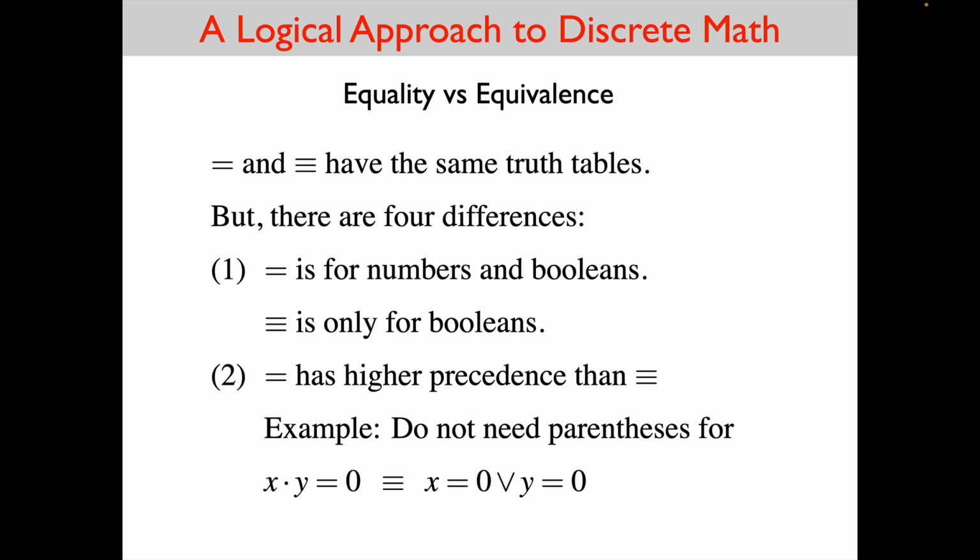That's either true or false. And then x equals 0 or y equals 0: x equals 0 is a Boolean, y equals 0 is a Boolean, and or is a Boolean operator. So the expression on the left of the equivalence is a Boolean expression, as is the expression on the right-hand side of the equivalence.